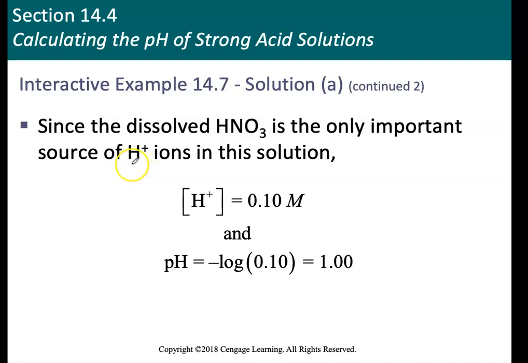So that virtually can be ignored. Since the dissolved HNO3 is the main component of H+, we can work out the pH. Using the concentration, H+ is 0.1 molar, so pH is minus log of 0.1, which is 1. So that's the pH value of the acid.